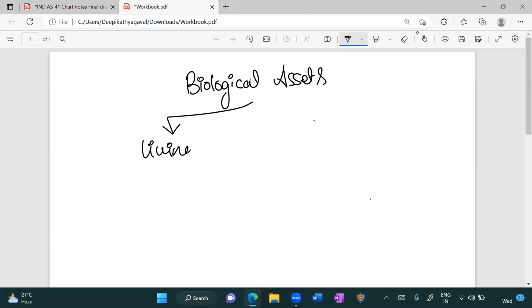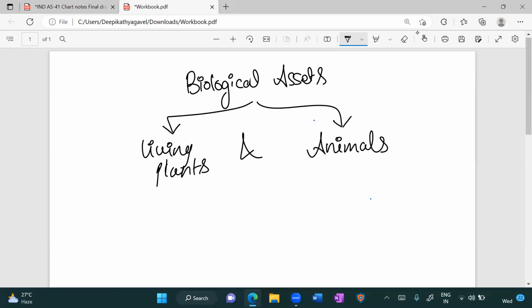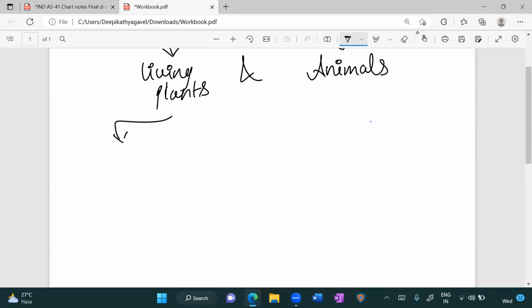Now, what are biological assets? Let me give you a quick definition chart for this. Basically, biological assets are all living plants and animals. Now, living plants have two categories: one are the bearer plants and one are the non-bearer plants.